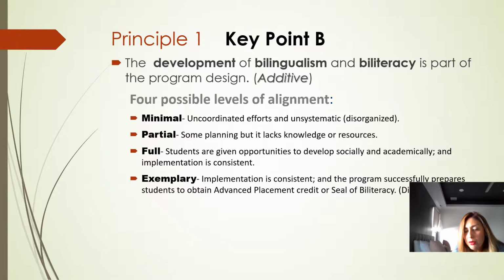If it's partial, there is some planning, but it lacks knowledge or resources. Full means that the students are given opportunities to develop socially and academically, and the implementation is consistent. Once we reach exemplary, implementation is consistent, and the program successfully prepares the students to obtain advanced placement credit or the Seal of Biliteracy at the district level.